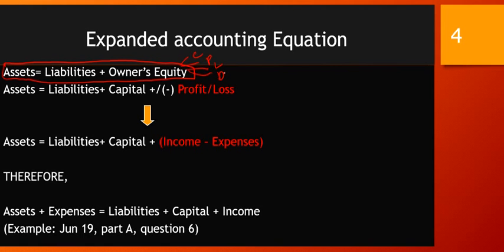So we take a look at the second equation. Asset equal to liabilities plus capital plus profit minus loss. And then from this profit loss, we expand it into profit known as income, loss known as expenses.